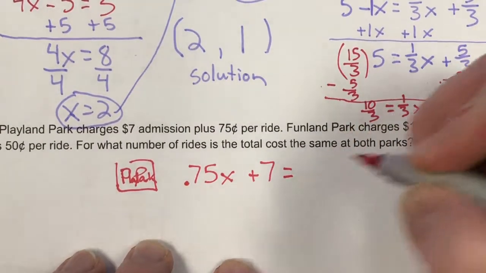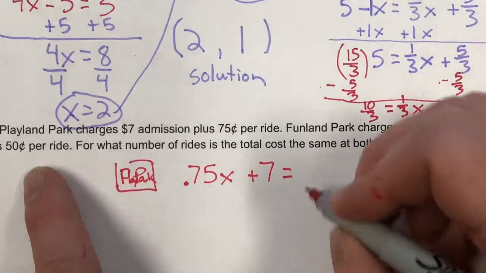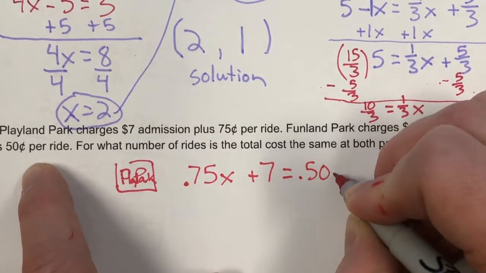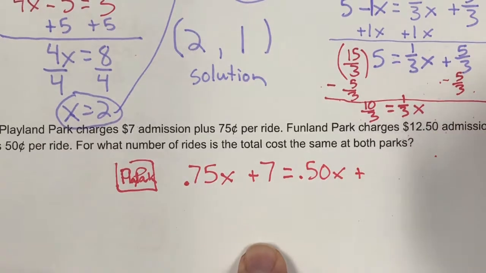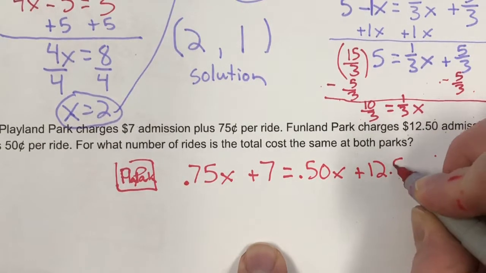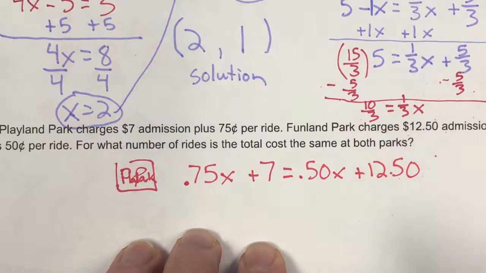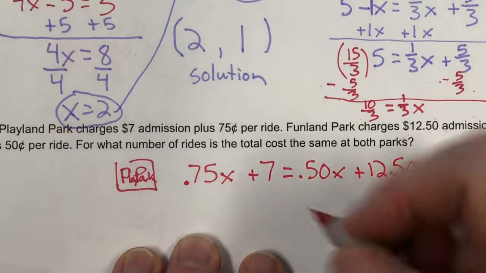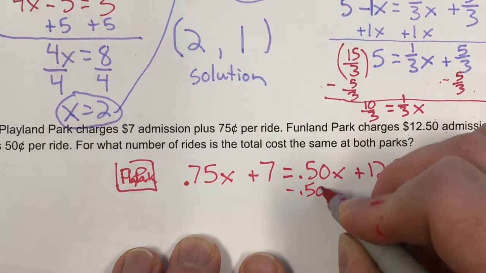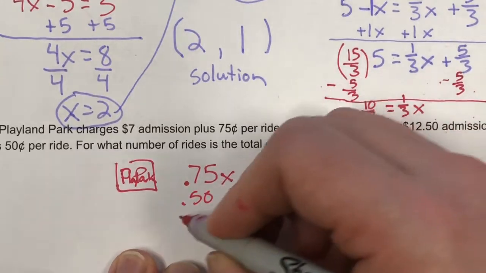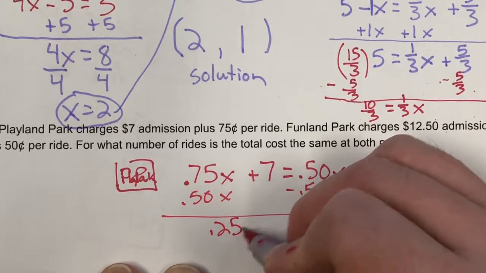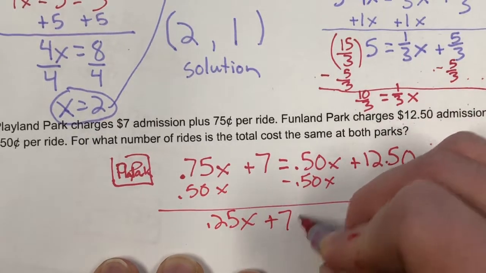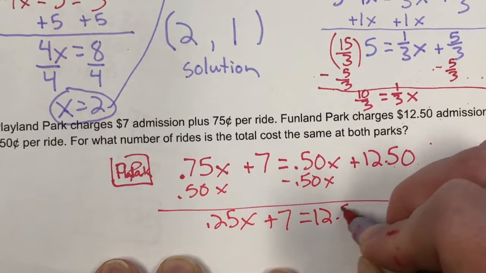And that equals the other one, which is 50 cents per ride, and we are starting at $12.50 admission. And so then I put all my x's to one side. I'm going to subtract the 0.50x on both sides, which gives us 0.25x plus 7 equals 12.50.